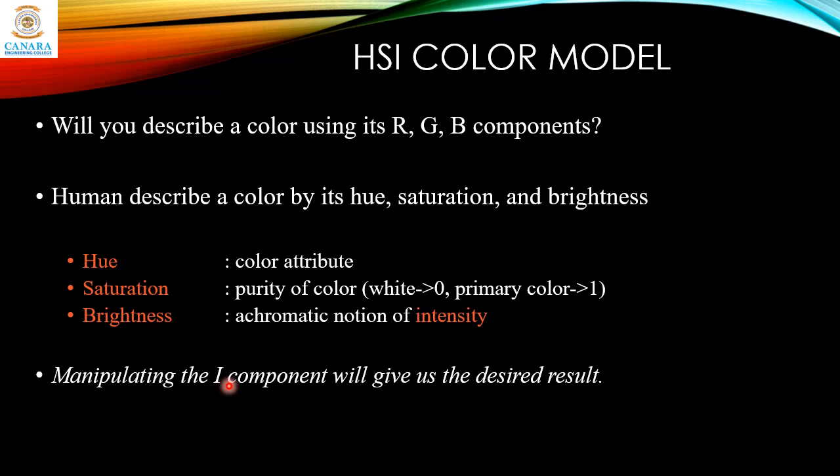That means we need to operate on R plane, G plane, and B plane separately to get the desired results. But in HSI, we'll just keep the H and S component aside, and we'll operate only on the I component, increasing the contrast or any other manipulation, and the result will be similar to the one we see on operating on RGB components. So that is the major advantage of going for HSI color model.